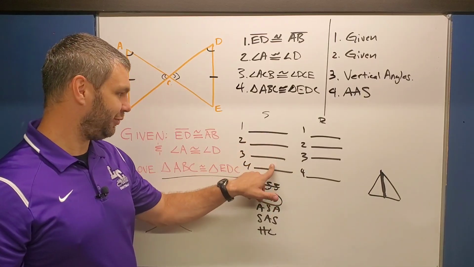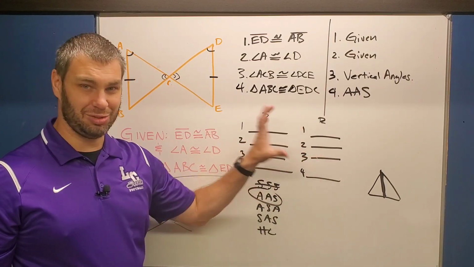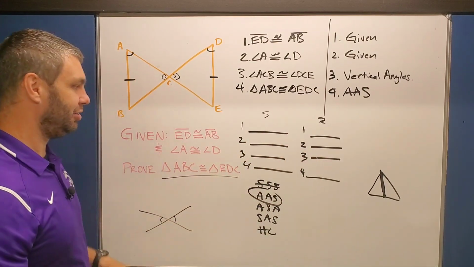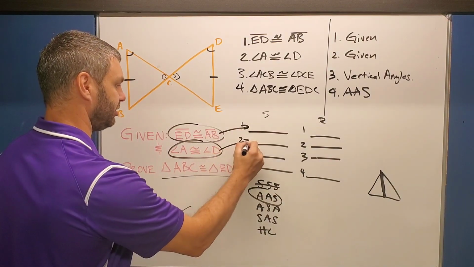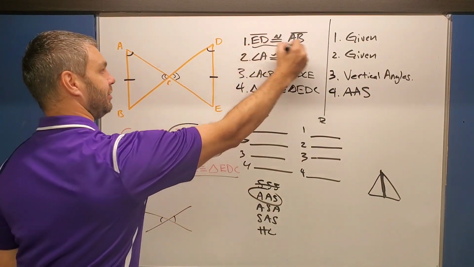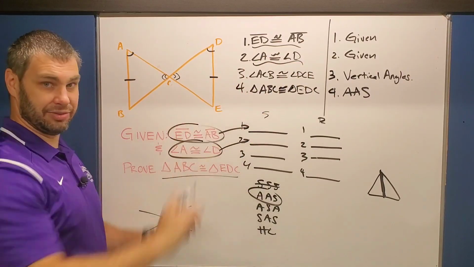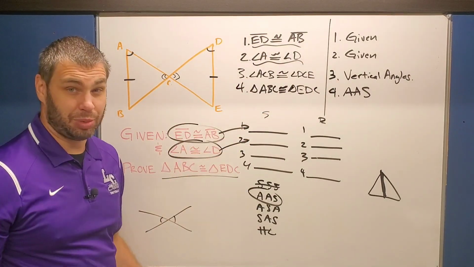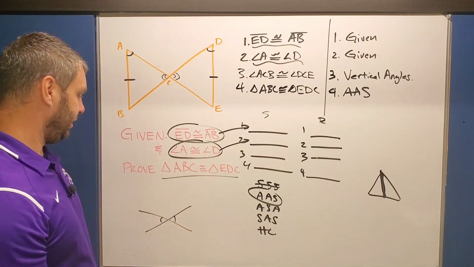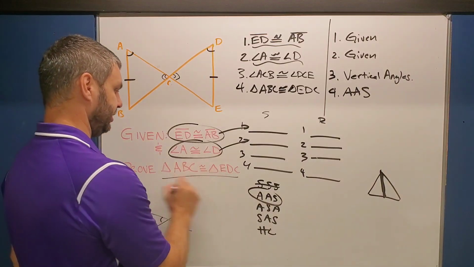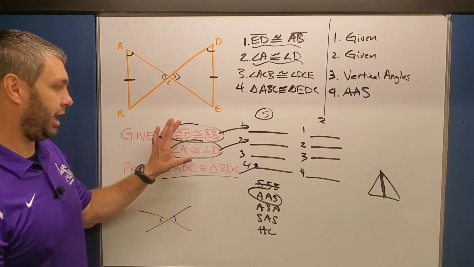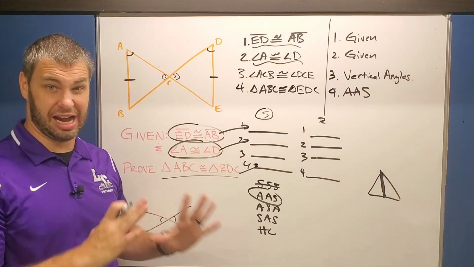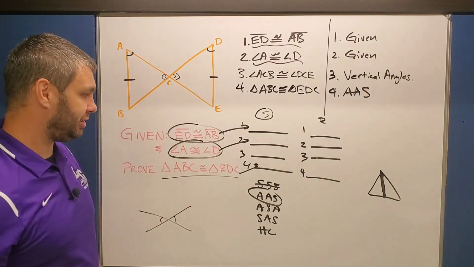That's 1, 2, 3, 4, 5, 6, 7, 8. Don't just miss all 8 of those. Know that if they give you 2 things, those are going to go in these first 2 spots. This is exactly what I wrote up here and here. Those are my givens. Fill that in. That's going to be probably 2 points out of your 8. And then the other one is that your proof statement is going to be this last line on the statement side. So you can usually get around half of those points back.